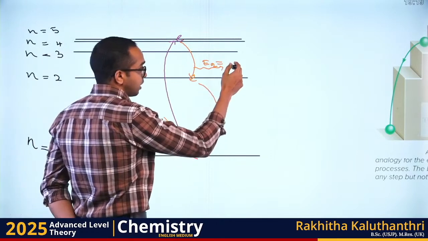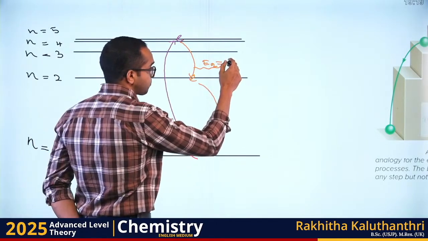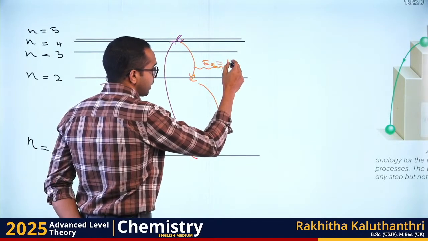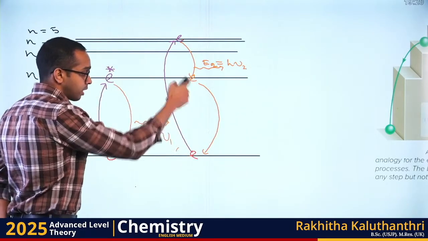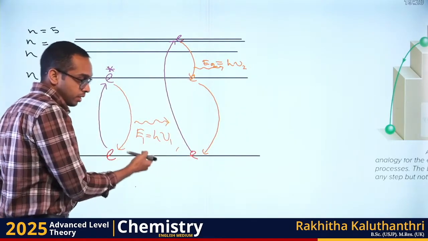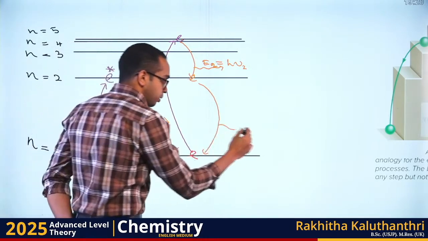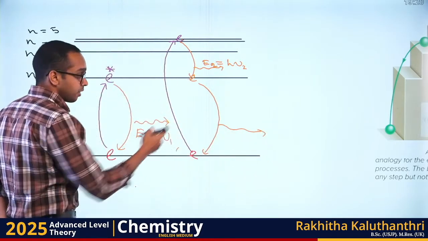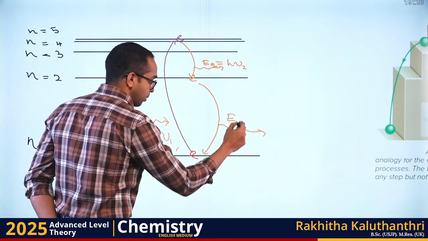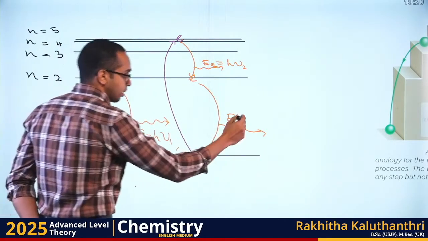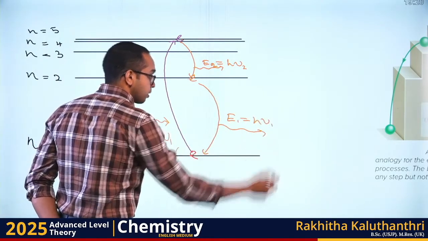So I will say energy release is E2 equals h nu 2, and the energy gap between the second and the first was already given here. When the electron transitions from the second to the first energy level, the energy release is still going to be the same, E1. This is also E1. E1 is equal to h nu 1.